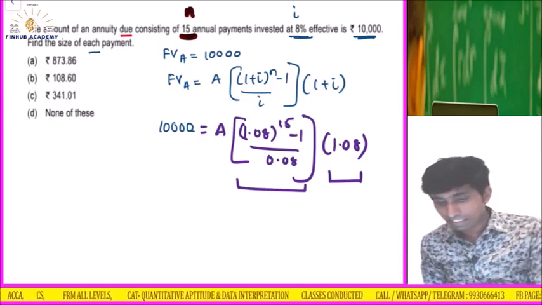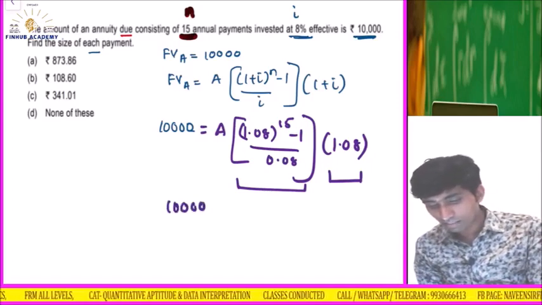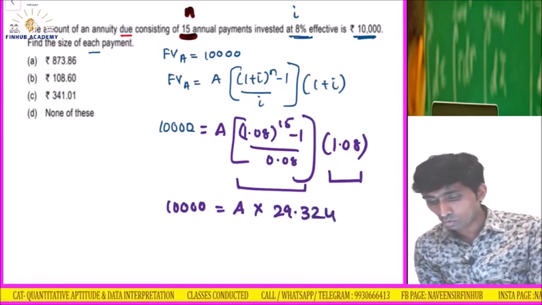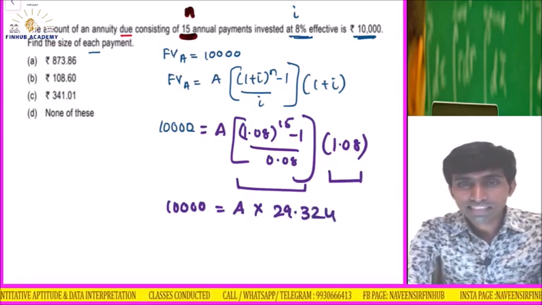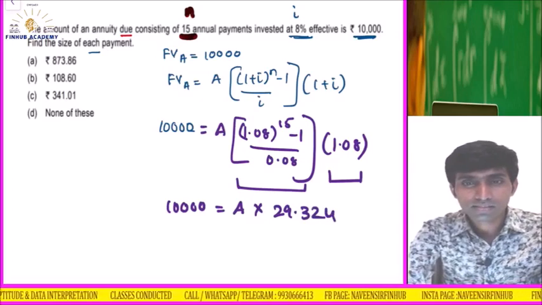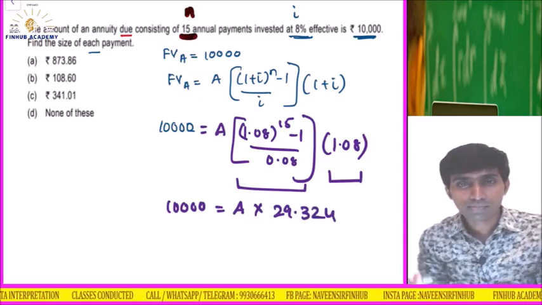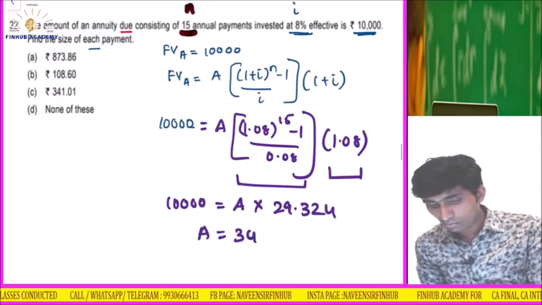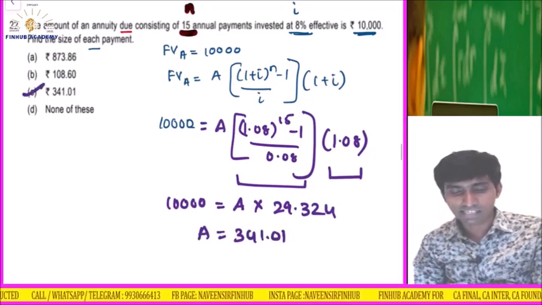So the factor I am getting is 10,000 equals A into 29.324, something like this. So I will divide 10,000 by this. My answer is 341.01. A is approximately 341.01. So this is my answer, C.